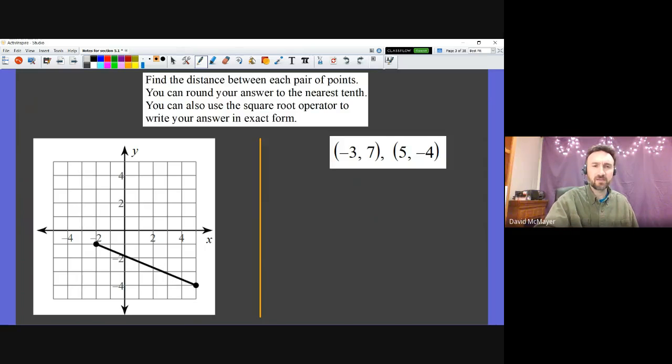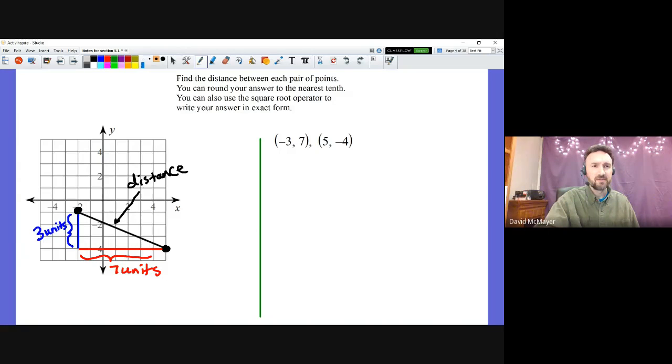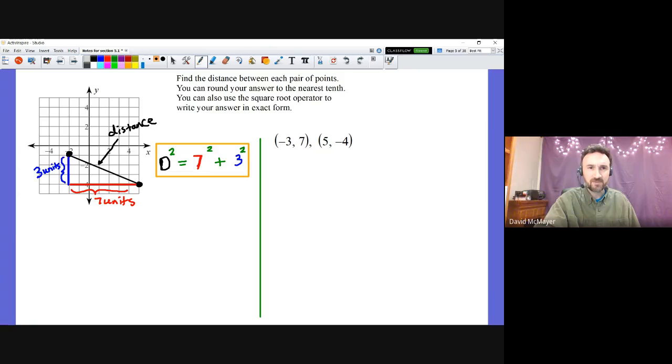So looking at that problem on the left-hand side with the graph, when I looked at this, the distance is that black diagonal distance, and I measured the red horizontal distance between the two endpoints and the blue vertical distance between the two endpoints. And then I'm going to apply my favorite theorem, my favorite equation about a right triangle. So in this case, the distance squared is equal to 7 squared plus 3 squared.